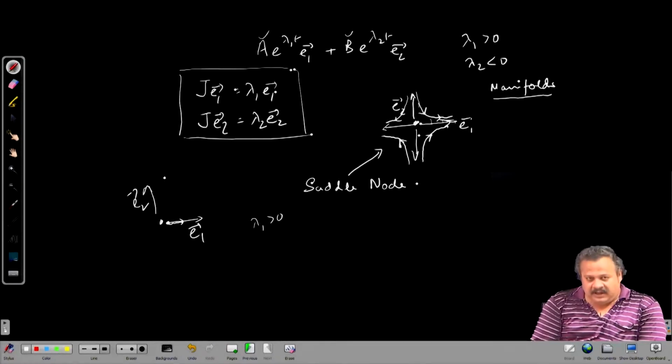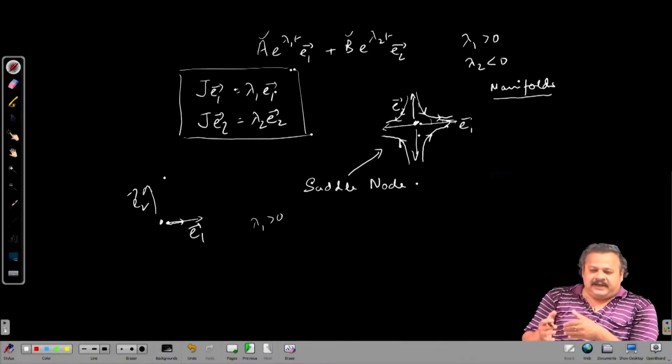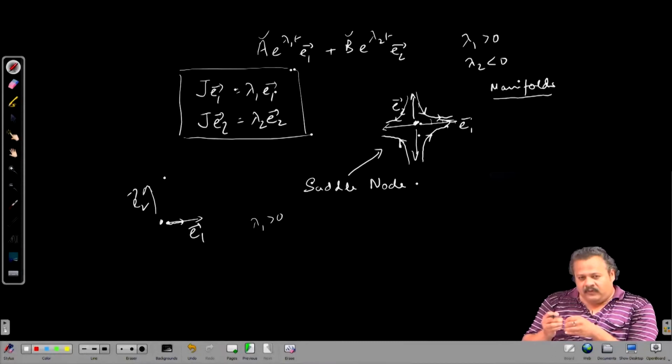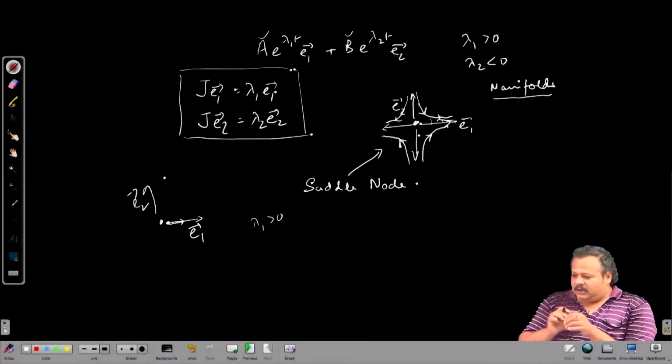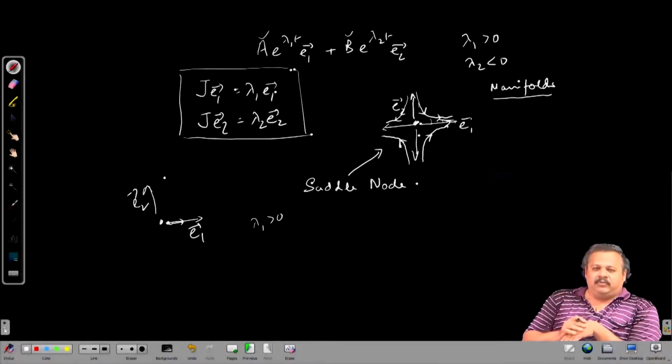Remember, we have linearized it, so this is valid only very close to the equilibrium point. So once we move along E1 slightly further, then that E1 is not valid anymore. That is, it will not continue only along E1 away from the equilibrium point.